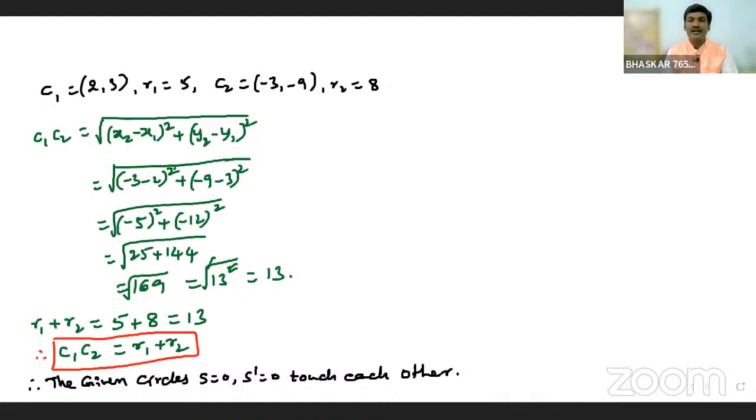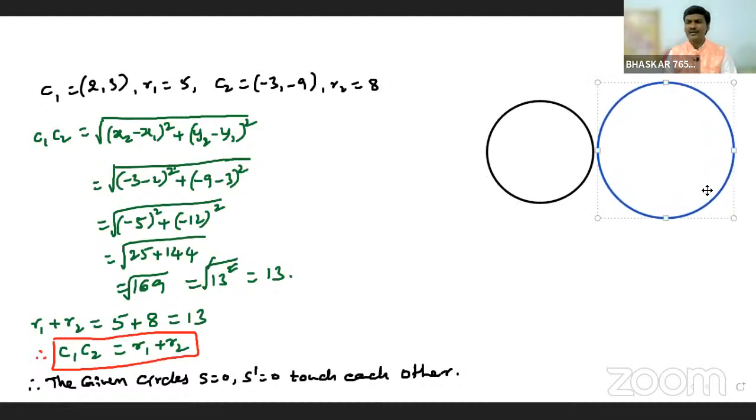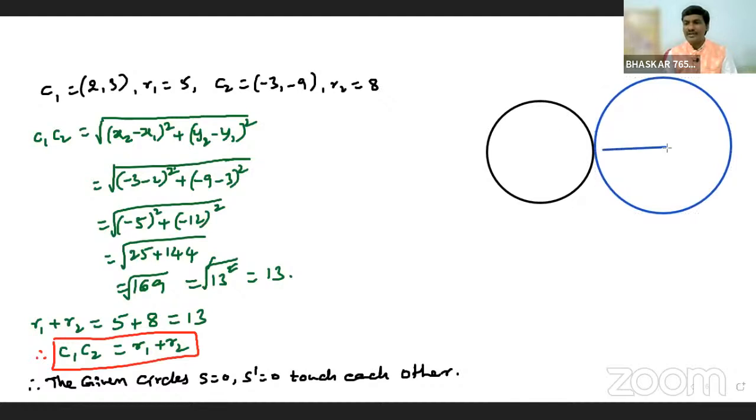Let us look at the diagram. Just assume that we have one circle like this, and another circle like this. The second circle radius is 8, so it is a little bit bigger. If they touch like this, then R1 plus R2 becomes the distance between C1 and C2.